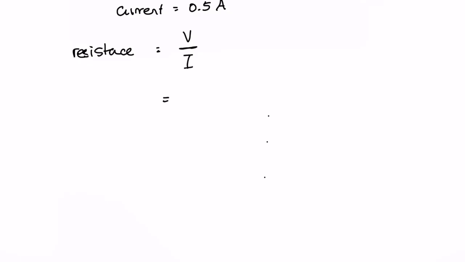So, for example, if I have a light bulb, a typical, traditional light bulb, and I plug it into the wall, so it's at 110 volts, and the current is 0.5 amperes, then the resistance is the voltage divided by the current, I being the symbol for current.